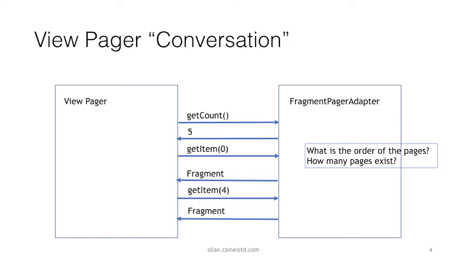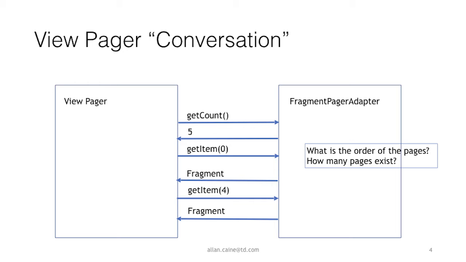The view pager might call the adapter's getCount method, and it might return 5 to say that there are 5 pages, so the indices are between 0 and 4 inclusive. It might call getItem 0, and it will return the fragment. getItem 4, which in this case would be the last view to display, returns the fragment.